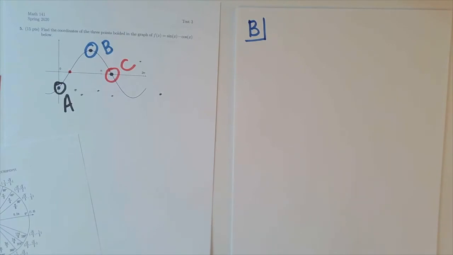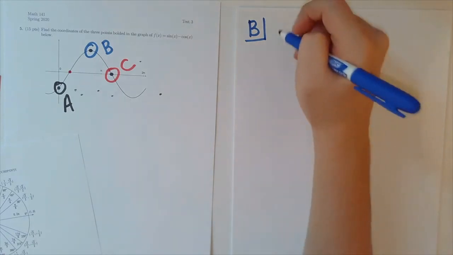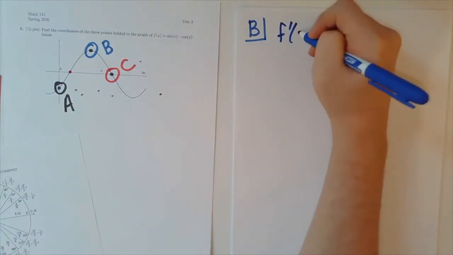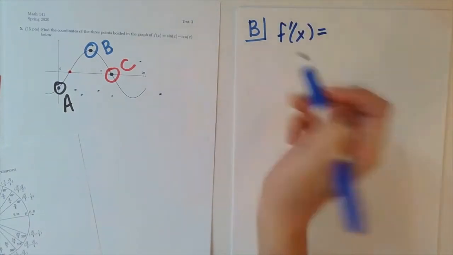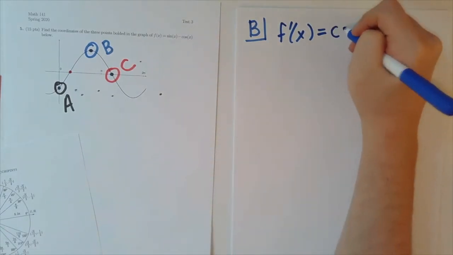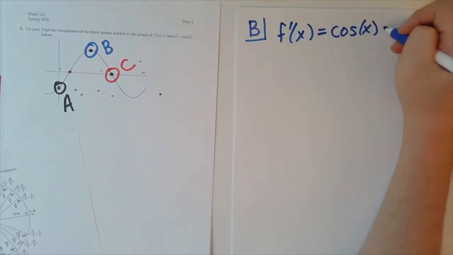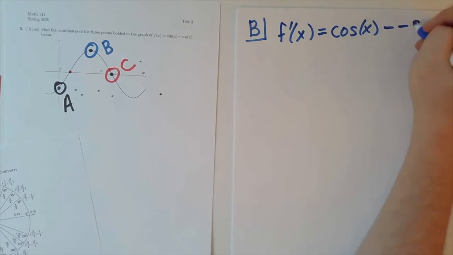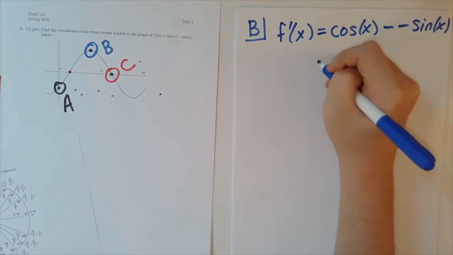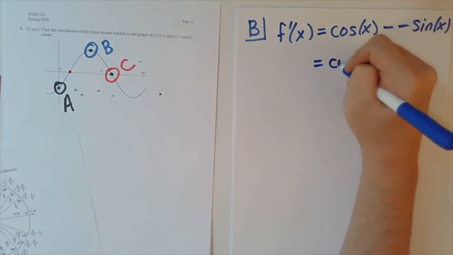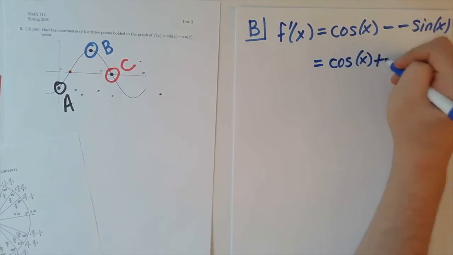So in order to find this point, we're going to have to take the derivative and set it equal to 0. So the derivative of sine of x minus cosine of x is going to be cosine of x minus sine of x. Which is to say it is cosine of x plus sine of x.